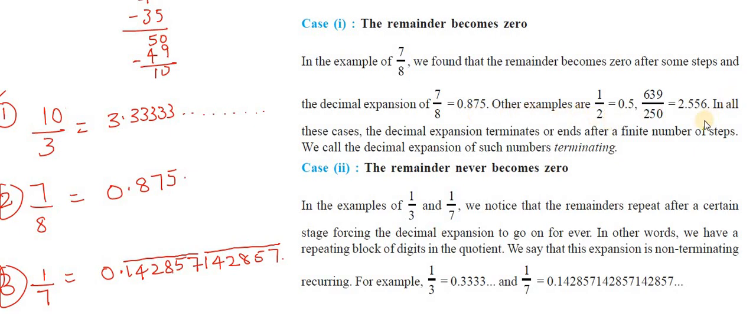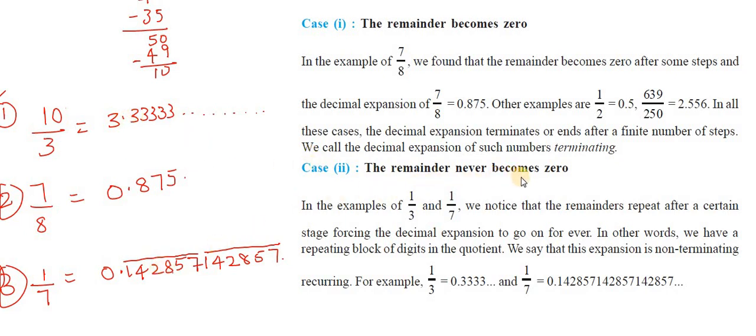Like this you'll get so many examples. In these cases the decimal expansion terminates or ends after a finite number of steps. We call the decimal expansion of such numbers terminating decimal expansions.